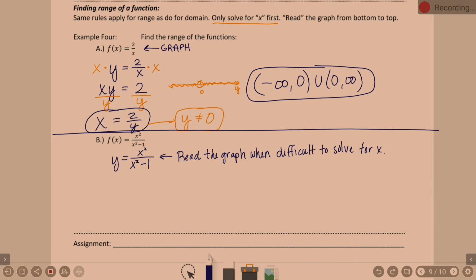Does yours look like mine? Okay. That's the graph we're looking at, yes? You with me? You ready to try this?